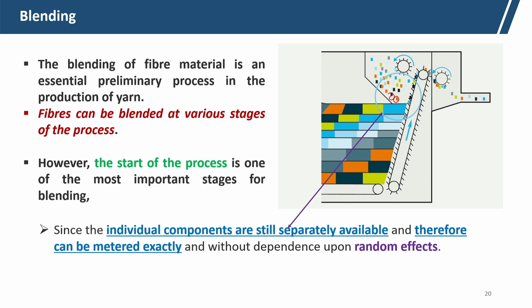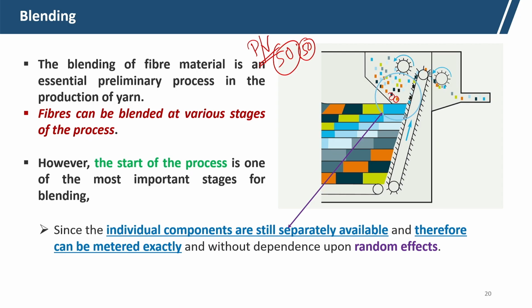So, suppose we want to have a 50-50 blend. Here at the blow room, fibers are available individually, like polyester cotton or polyester viscose 50-50. So, we can correctly weigh a 50-50 blend here.